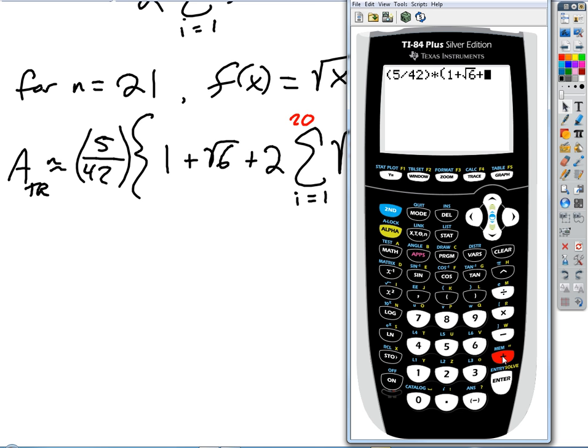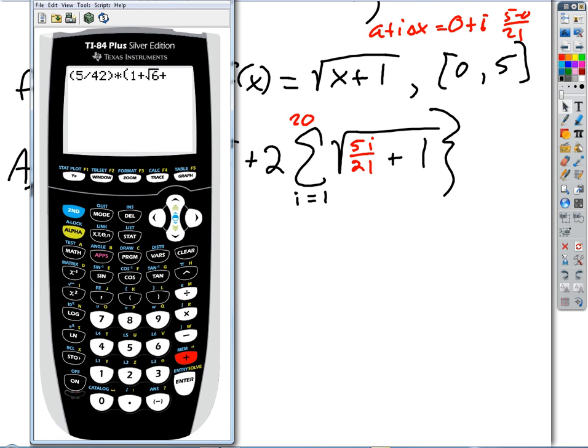Plus. Now, how do we do this? So now we got to add this sum. 2 times. And then remember, how do we get to sigma? Math 0. Yeah, I need math down to option 0. And I got to scoot over. And look what that gives us. It gives us that sigma notation, which is really slick.